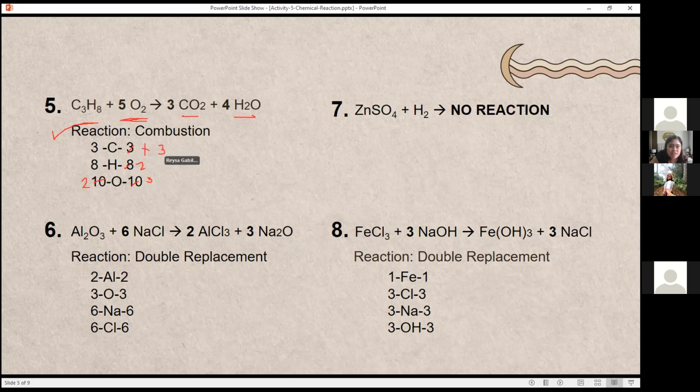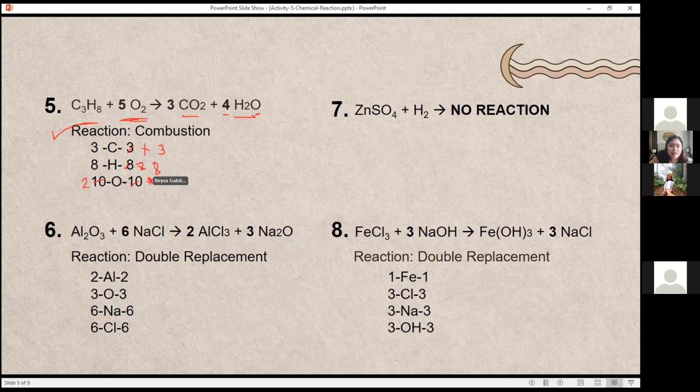And for the oxygen, 3 times 2. Nag-multiply tayo ha, coefficient times subscript. So that is 6. Pero may 1 ka here. So this is 7. And then, pwede mo nang i-balance yung hydrogen. Para maging 8 siya, lagyan mo ng 4 dyan. So this is correct here.